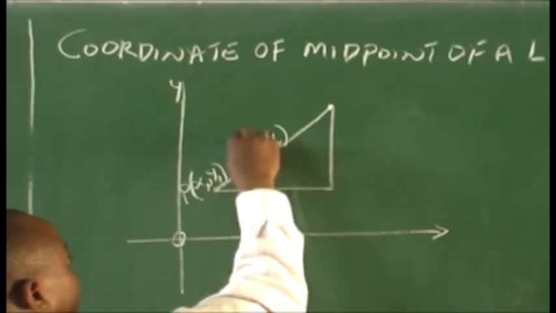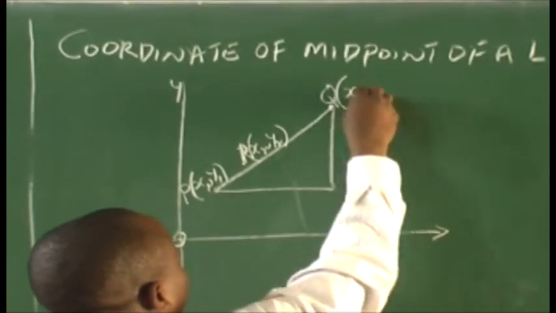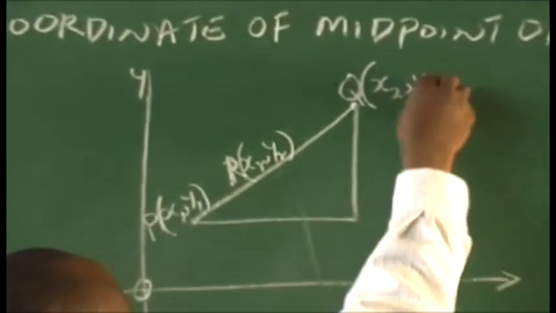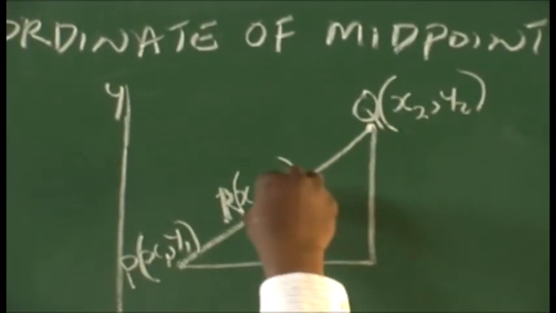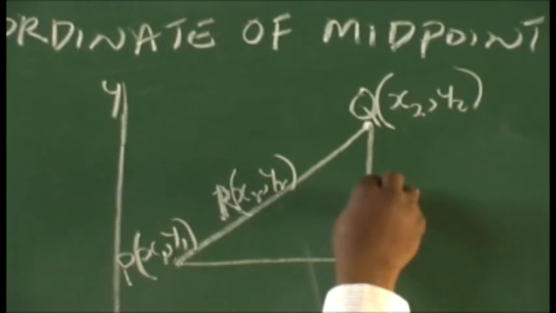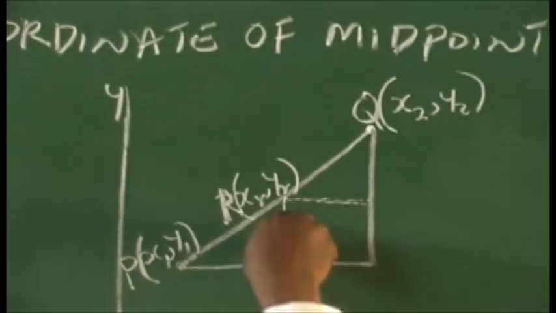This is point R. Now I have another point, call this point Q, with x2 and y2. So you see here I'm joining this to that variable point.